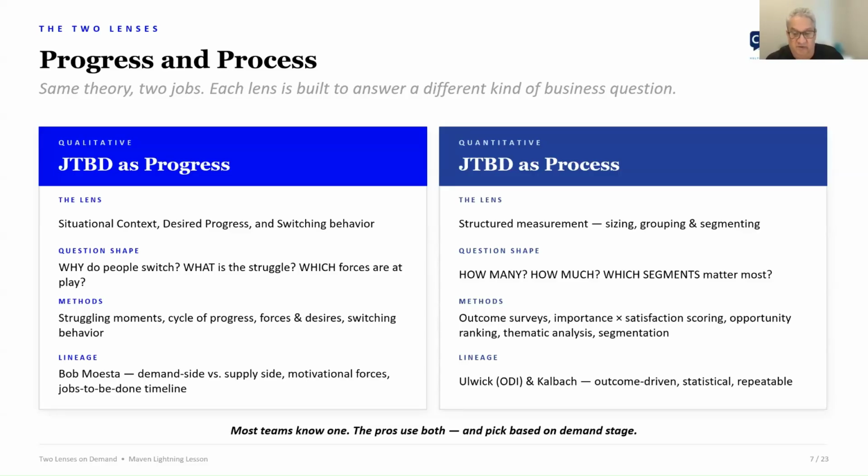So much more quantitative in nature, dealing with how we design in surveys, how we do scoring of importance or satisfaction in relation to jobs or outcomes, how we do opportunity ranking, how we do thematic analysis, how we do segmentation. So two methods, both from the same lineage of job theory and understanding jobs to be done through a customer lens to inform how we mature and develop products over time.